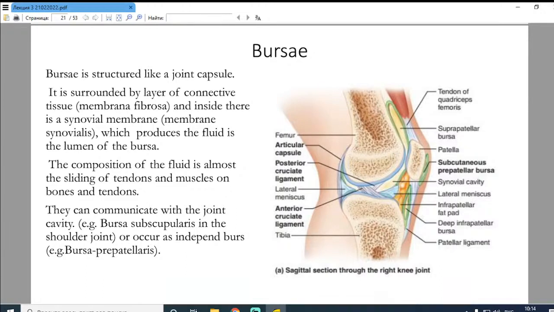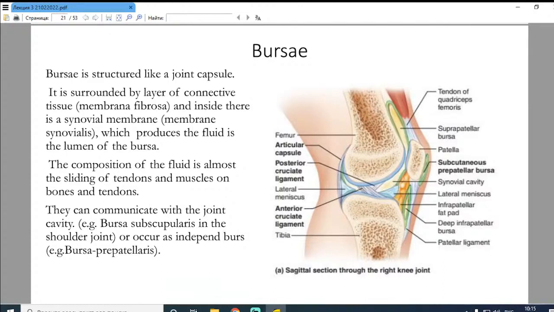Bursa prepatellaris. What do you see? Suprapatellar bursa. This is the subcutaneous prepatellar bursa. And you see the deep infrapatellar bursa. This is only the synovial cavity. This is the suprapatellar bursa.